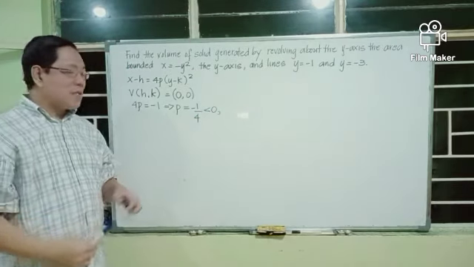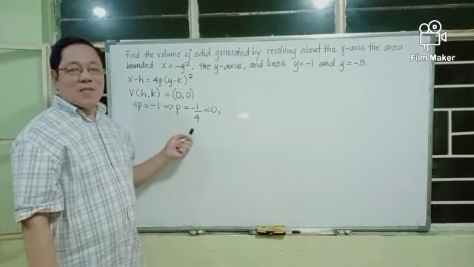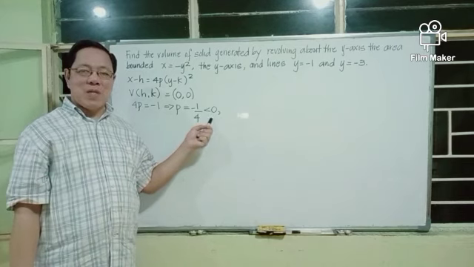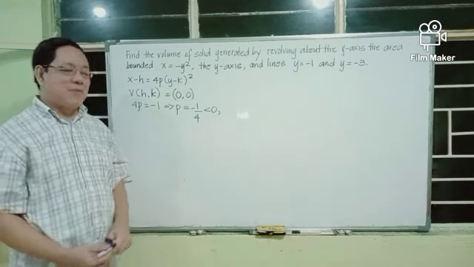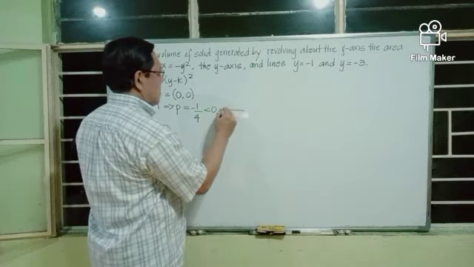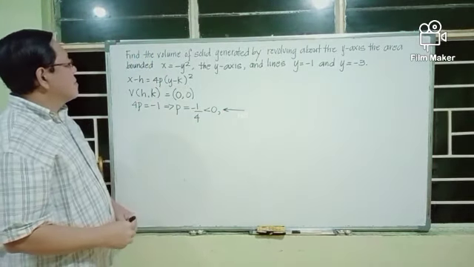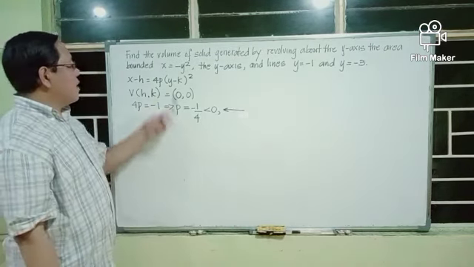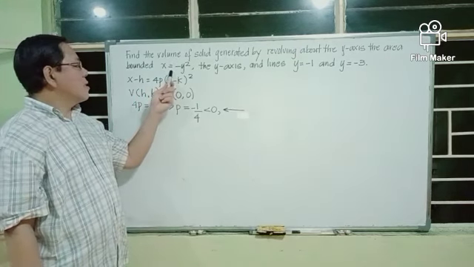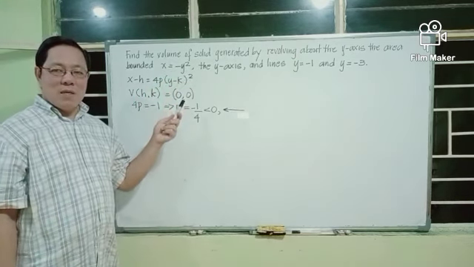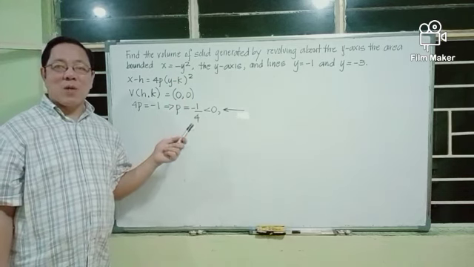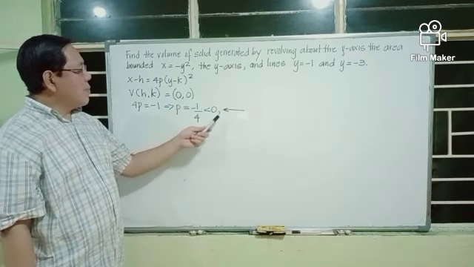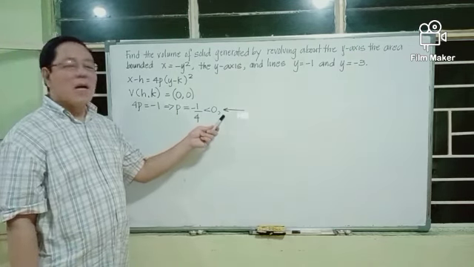Negative 1/4 is less than 0, therefore we conclude that the parabola is open to the left. And this is all the information we need to sketch the graph of the equation x equals minus y squared. It's a parabola because it's quadratic in only one variable, with vertex at the origin 0, 0, and the parabola is open to the left.